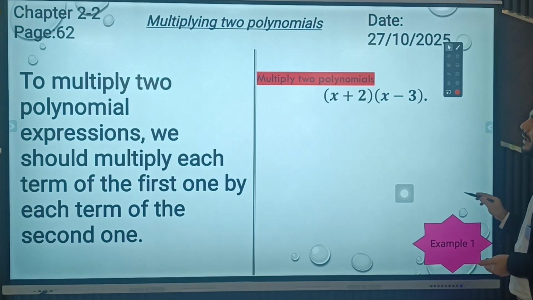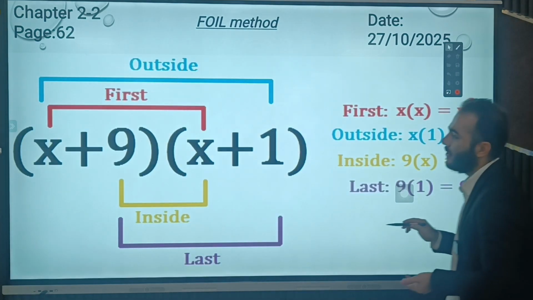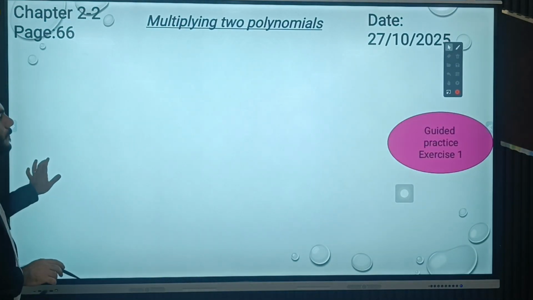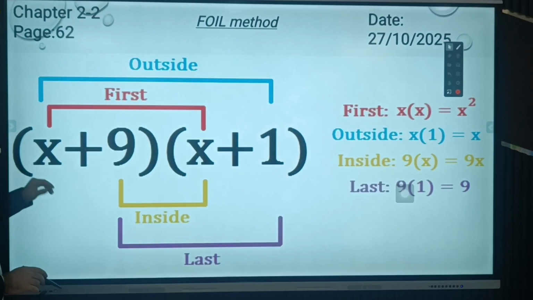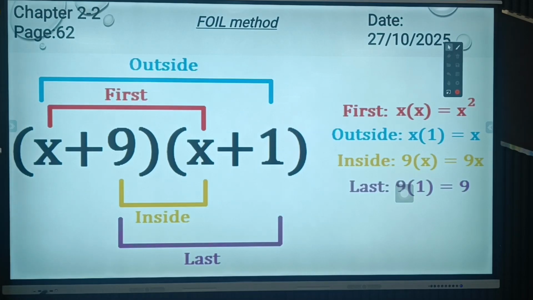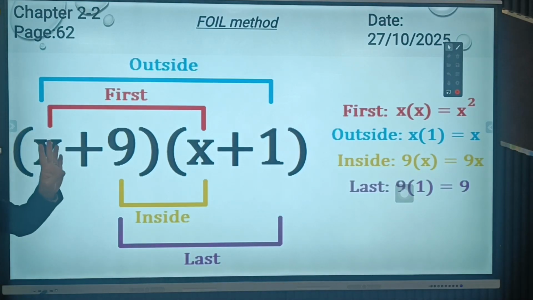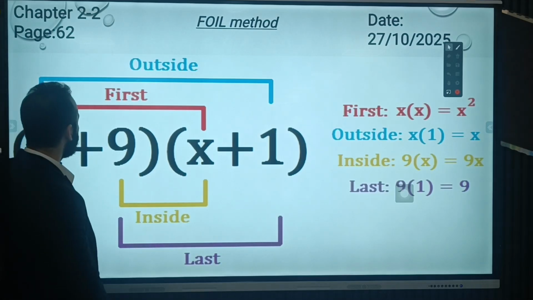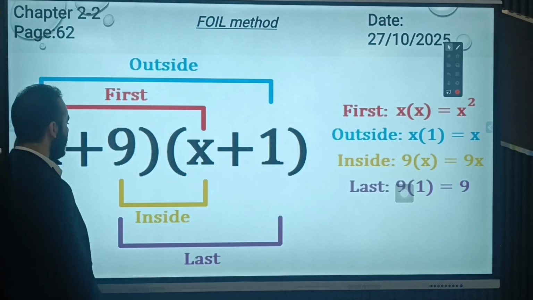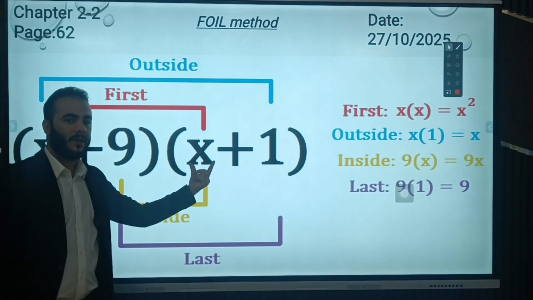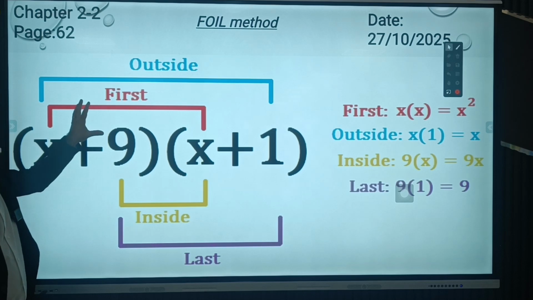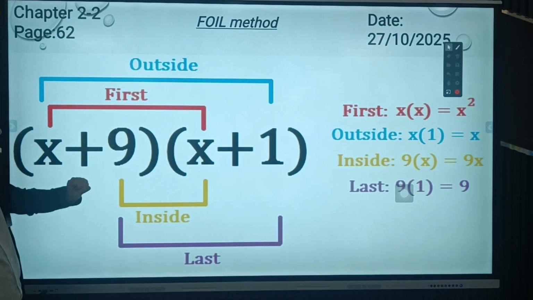So here is that method that I talked about. Back to the FOIL method. It consists of 4 letters: FOIL. F stands for the very first multiplication: x times x, the first term in both brackets. When we multiply them, we call it the first multiplication.